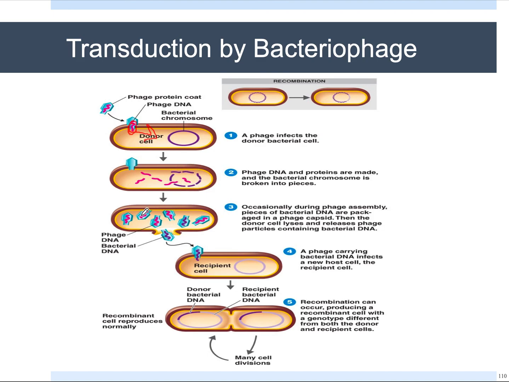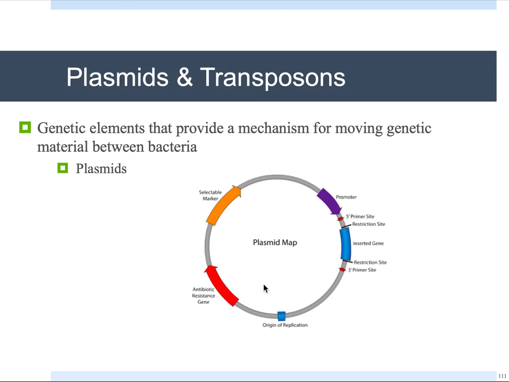Several copies will be made and packaged into bacteriophages, and then the cell will lyse, break apart, and they will go ahead and infect subsequent ones. So this is virus DNA, virus genetic material, and there's bacteria genetic material, which will then be incorporated into a new bacteria here. So that's another way that genetic material or information is transmitted.